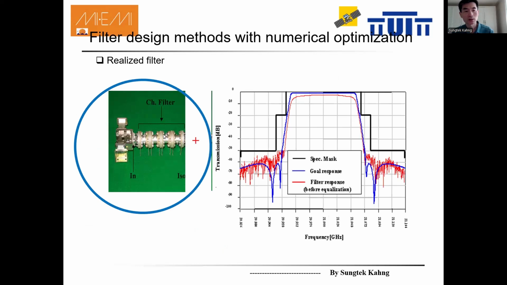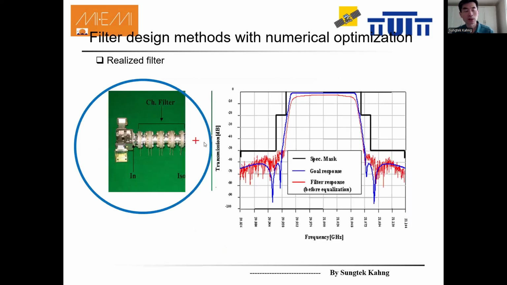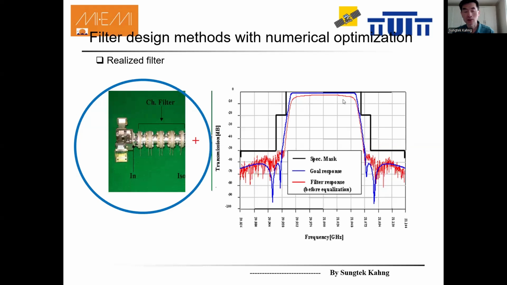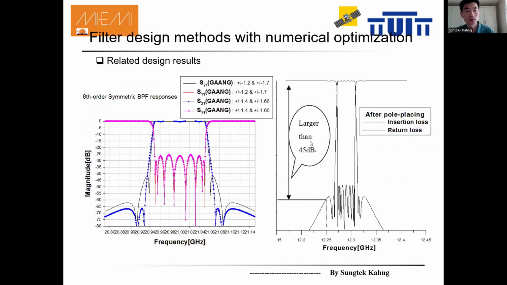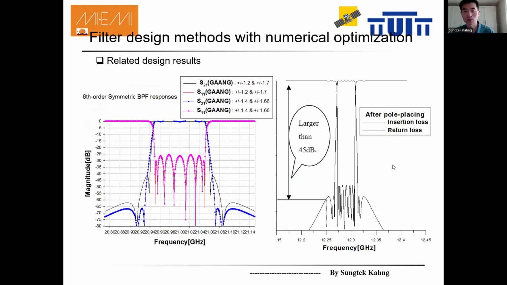And this is what I made after realizing the filter response like this, and that was adopted in Koreasat number 5. And this is the comparative study showing the mathematical and the frequency response of the realized filter.